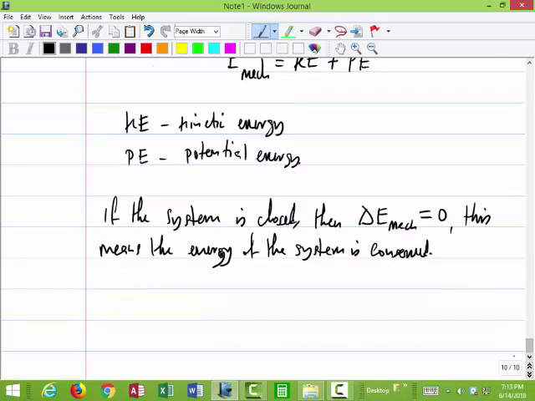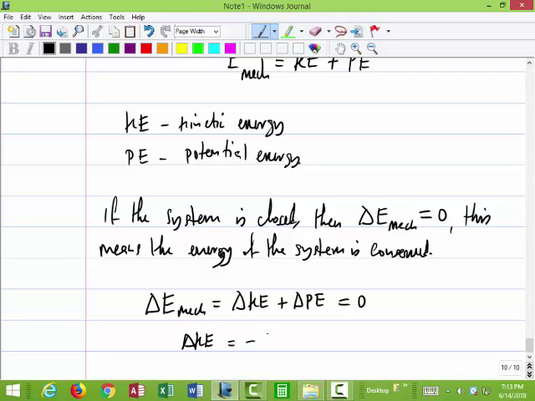So changes in total mechanical energy can also be written this way: change in kinetic energy plus change in potential energy, and that should be equal to 0. What this tells us is that the change in kinetic energy is equal to minus the change in potential energy.